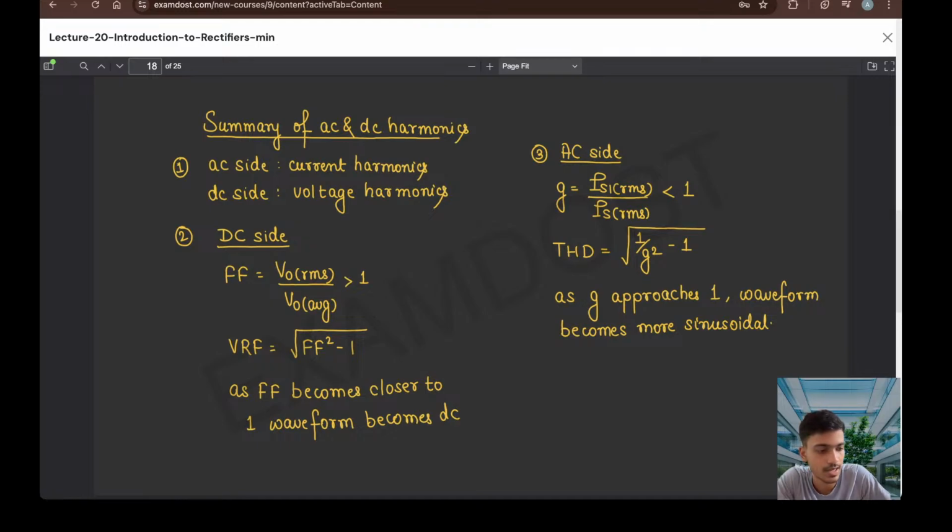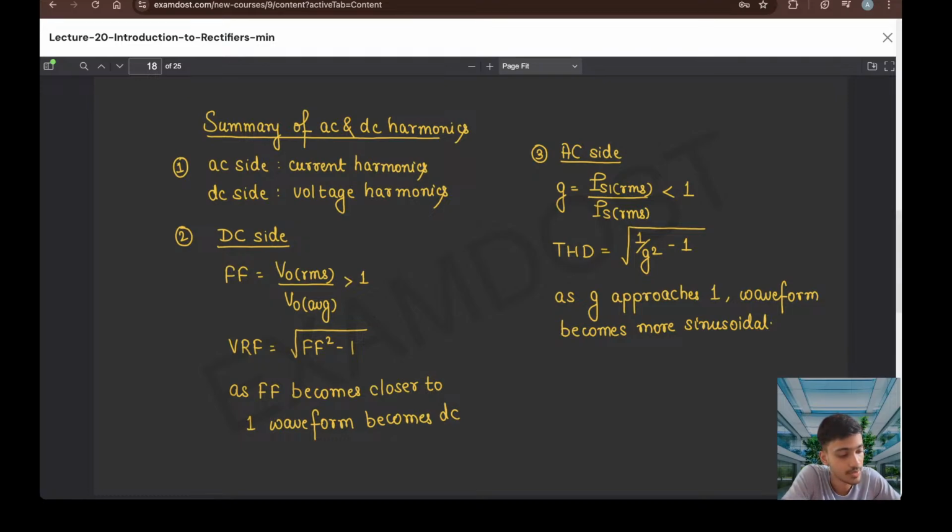The AC side will contain current harmonics and the DC side will contain voltage harmonics. The DC side has a form factor equal to VO RMS by VO average, which is greater than 1.